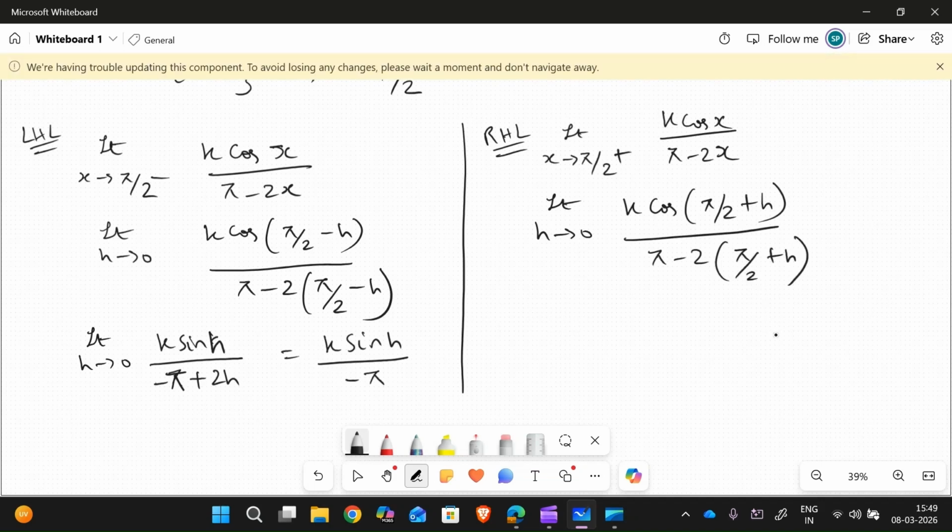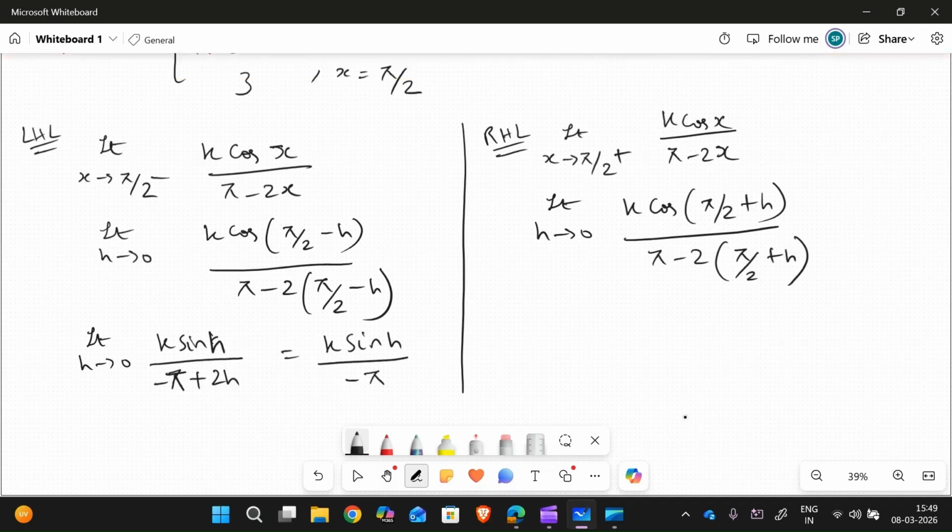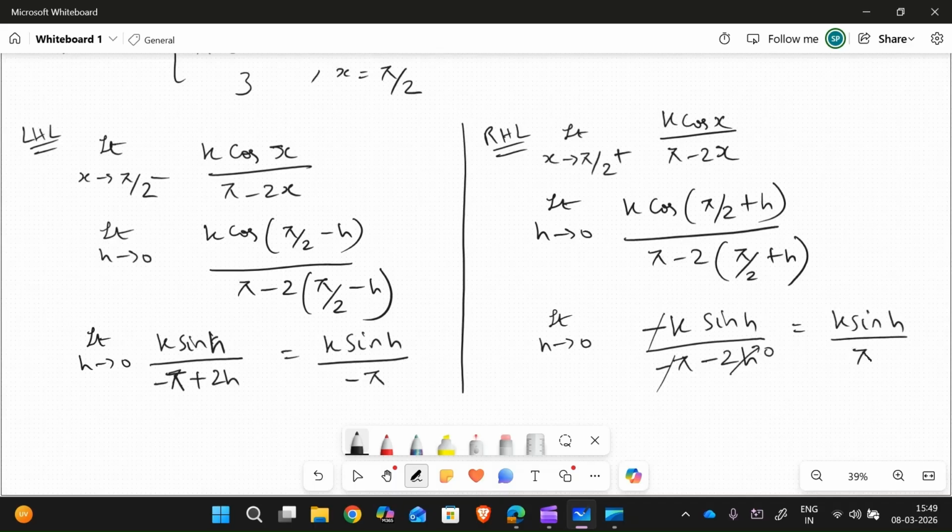Now cos of 90 minus theta is sin theta, cos of 90 plus theta is minus sin theta. So it will be limit h tending to 0 minus k sin h divided by pi minus 2 pi, which will be minus pi minus 2h.